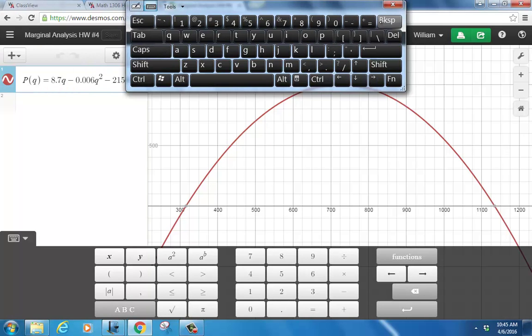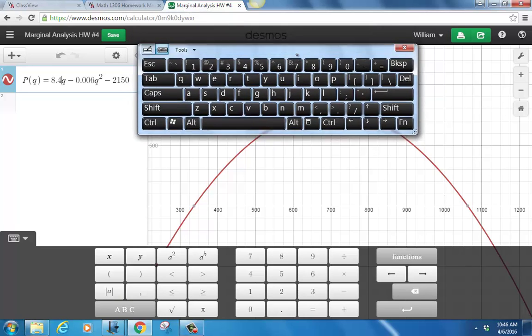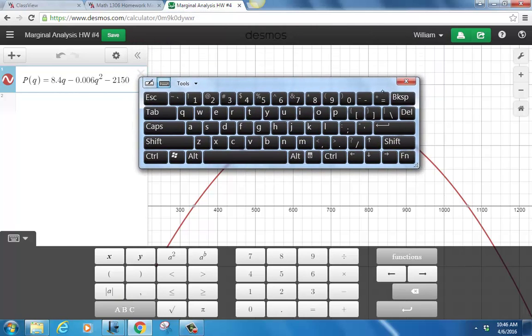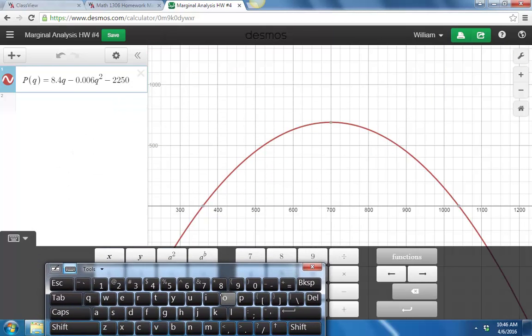So that coefficient on the Q is supposed to be what, 8.4? So it was 8.4 Q and then minus 0.006 Q squared, right? And then minus, not 2150, but what was it there? 2250? Okay. All right, so there's the correct graph of the profit.